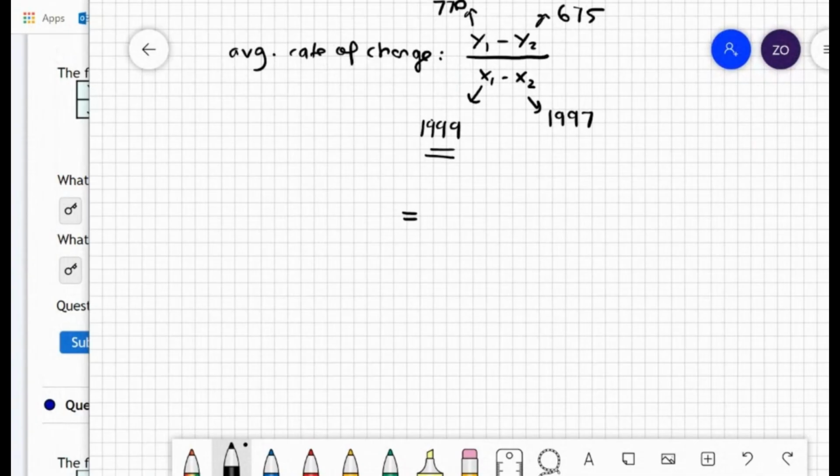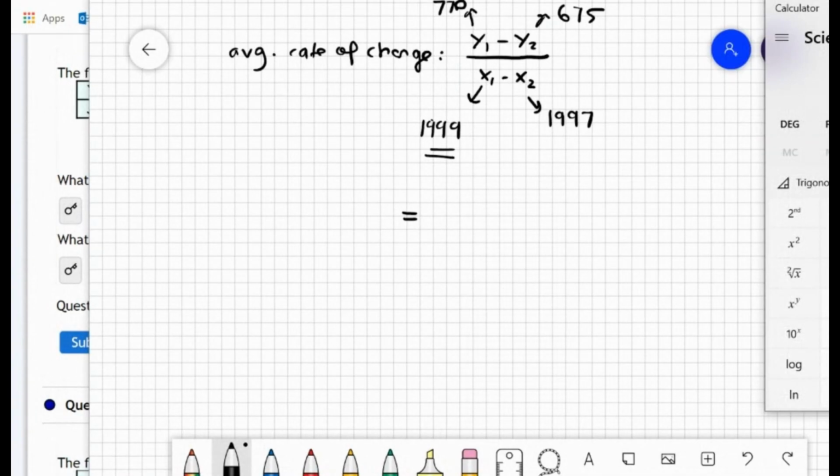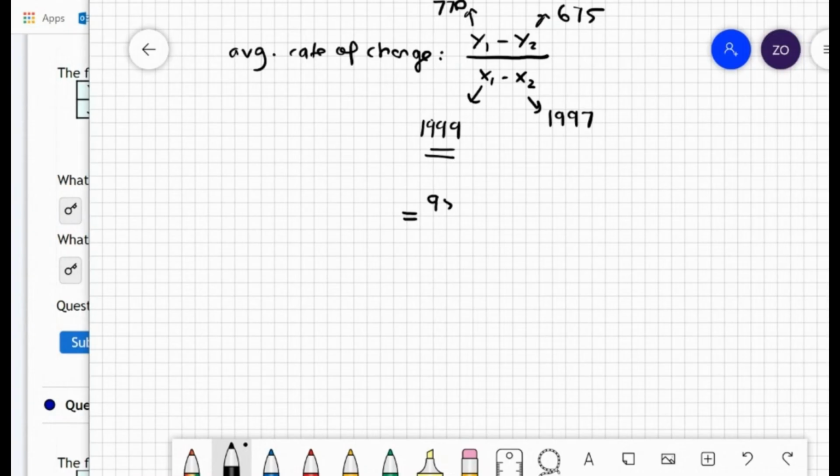The average rate of change in jobs between these 2 years: 770 minus 675, which is 95, over 2, which is 42.5.